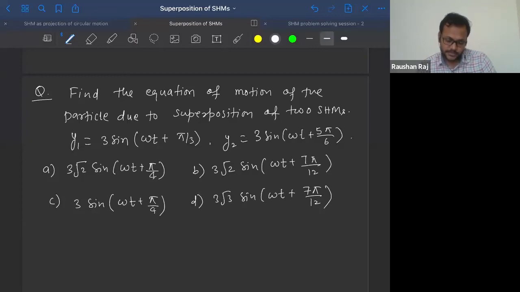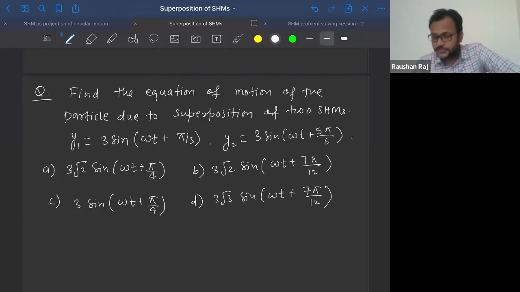Ritesh, you are saying option C. Look again properly. I think you have made a little mistake.